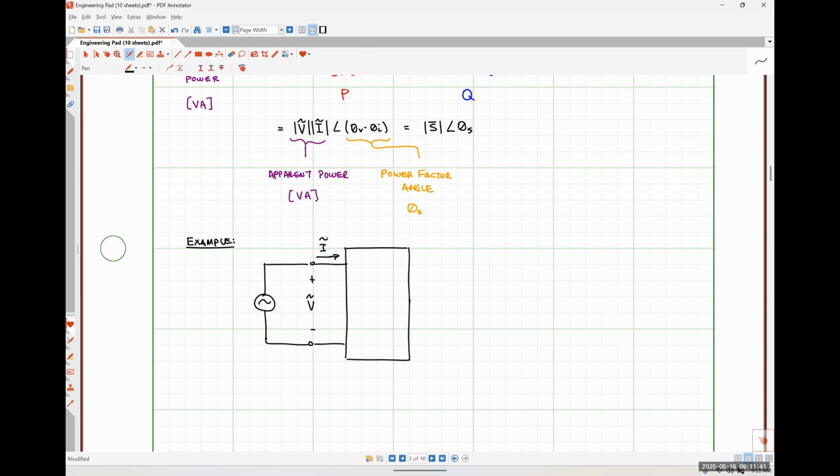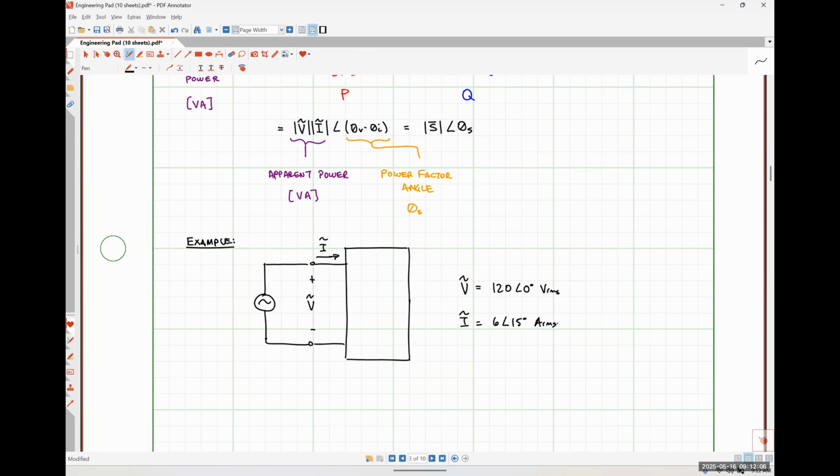And just for the hell of it, let's throw some numbers in here. Let's say that our RMS phasor voltage is 120 angle 0 degrees volts RMS. And our RMS phasor current is, let's say, 6 angle 15 degrees amps RMS.